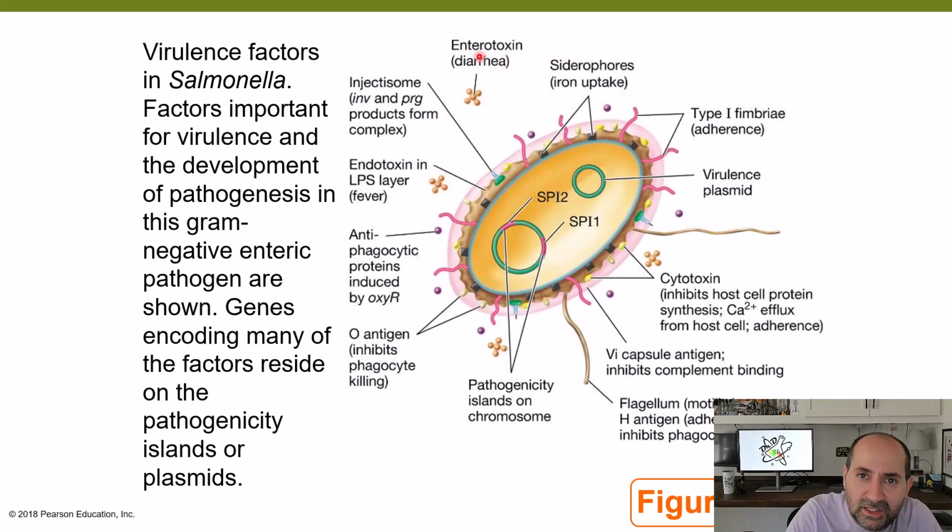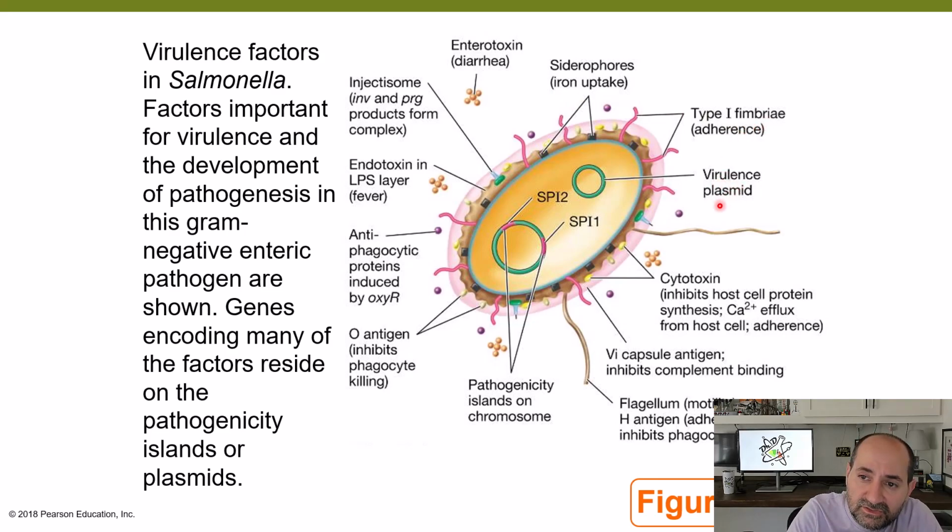So for instance, I'll just point out a couple of these. One of its virulence factors is an enterotoxin. It produces this enterotoxin, which causes diarrhea in the host, right? That's one of its main side effects, one of its main disease symptoms or signs. It also produces siderophores for iron uptake because it requires iron for growth. It has fimbriae, remember, for adherence.